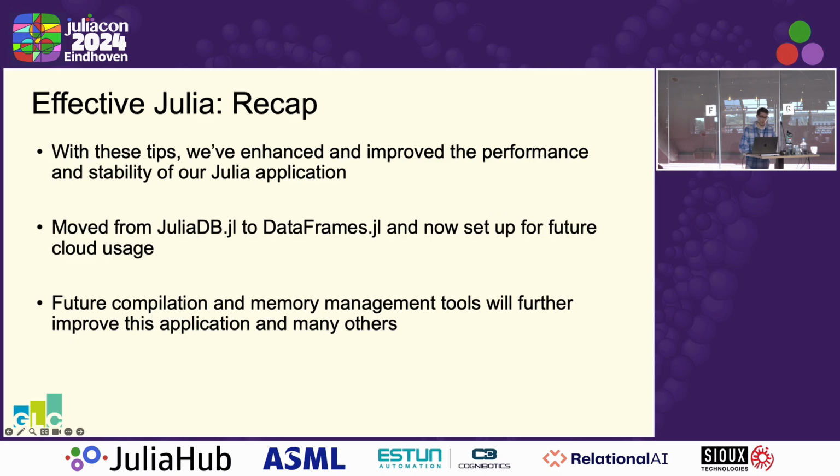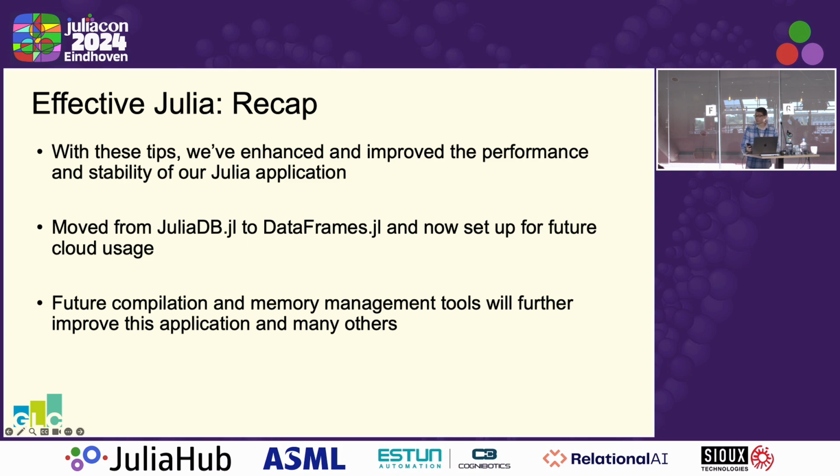So to recap, these are the 5 tips we followed, and that's gotten us to a place where this app has been in production, steady, for 9 years, and we've been able to improve performance and stability. We're probably one of the few people that can say that we've migrated legacy Julia code to modern Julia code, migrating from JuliaDB to DataFrames, and now we're set up for future cloud usage, getting to start using all the capabilities of that to increase performance even more.